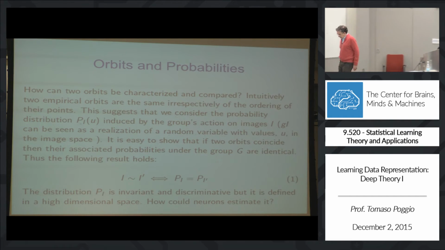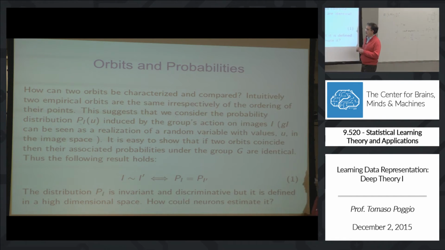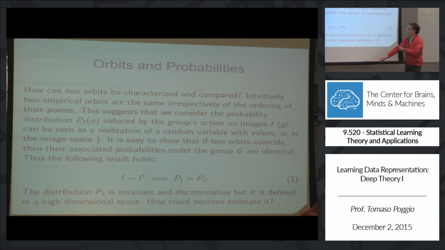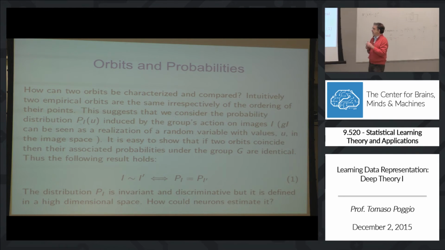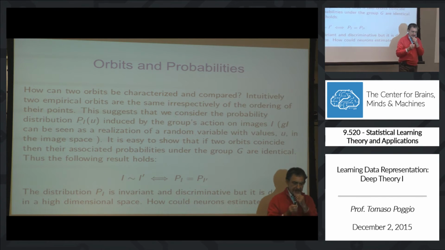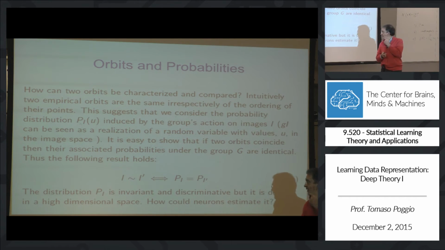So, okay, there are questions of invariance and selectivity. One way to address that is to forget the templates for a moment and consider just the image of, say, my face and the rotations of it.